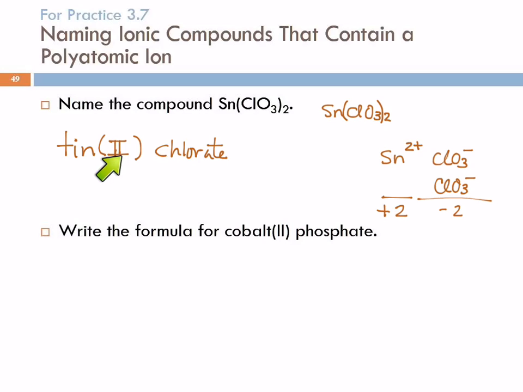The Roman numeral distinguishes this from another compound, which is tin 4 chlorate. That has a different formula. See, there's a unique name. Unlike humans, where you can have multiple people with the same name, I had 2 students in one class that had exactly the same name. First, middle, and last, their names were the same.